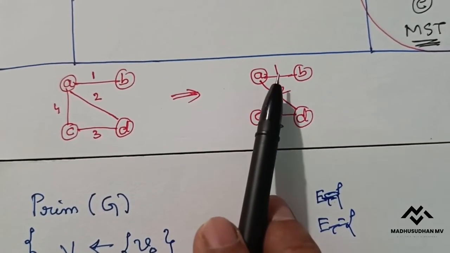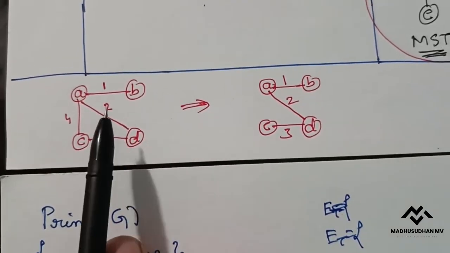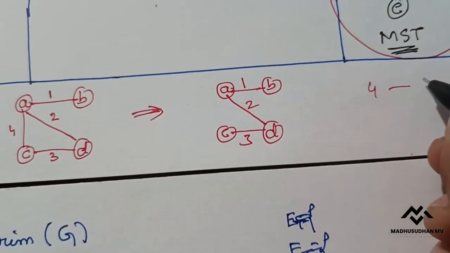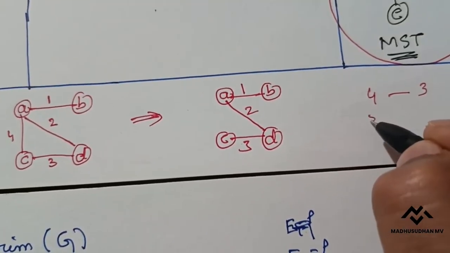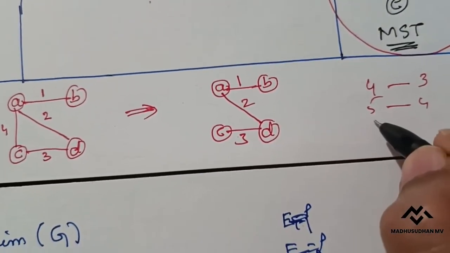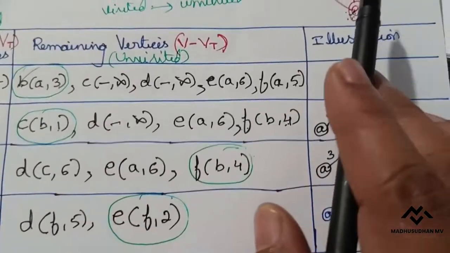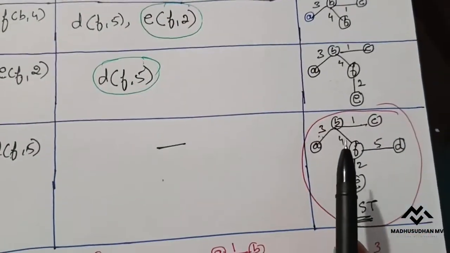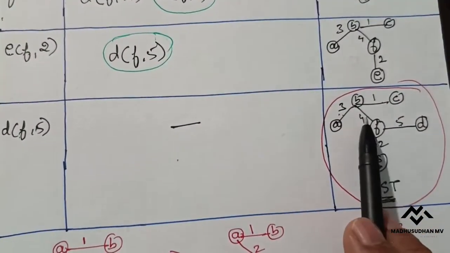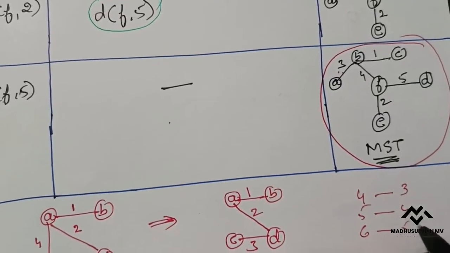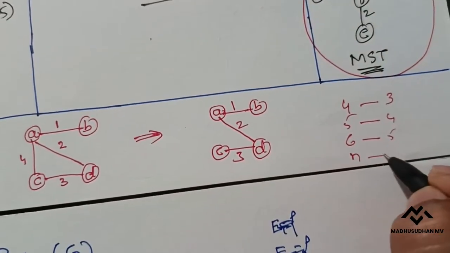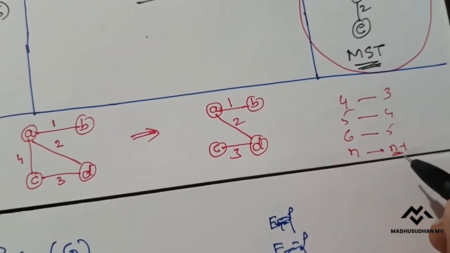How many edges are there here? For 4 vertices there are 3 edges. For 5 vertices, 4 edges. For 6 vertices in this example, we got 5 edges. So in general, if there are n vertices, n minus 1 edges.